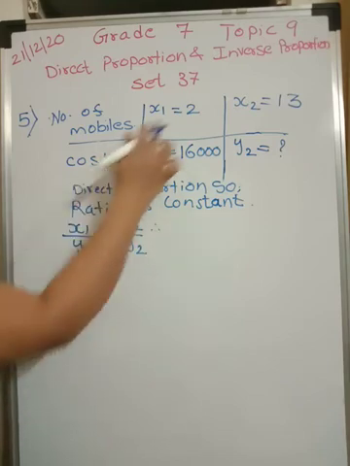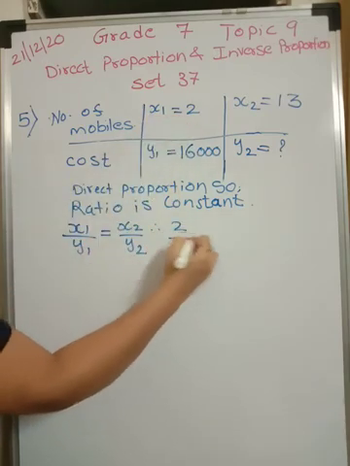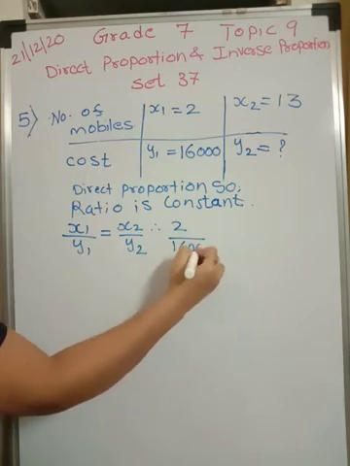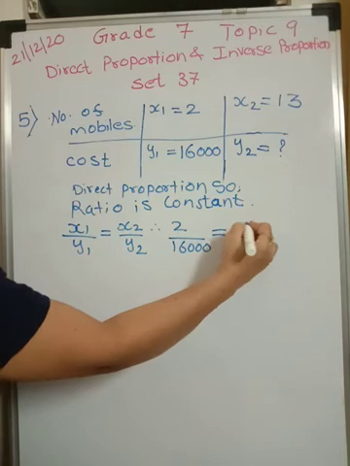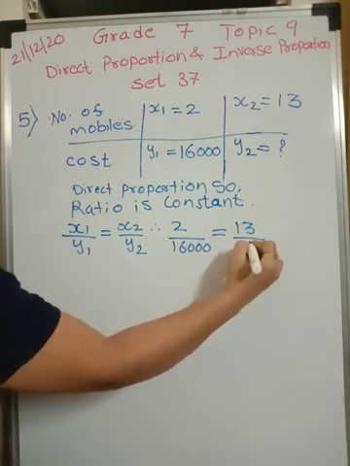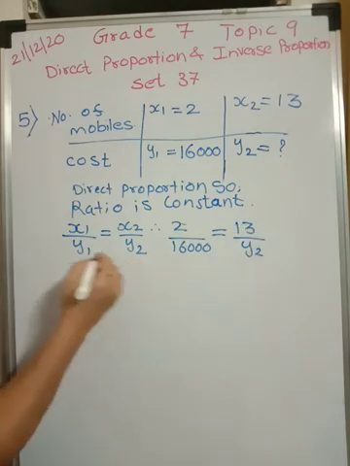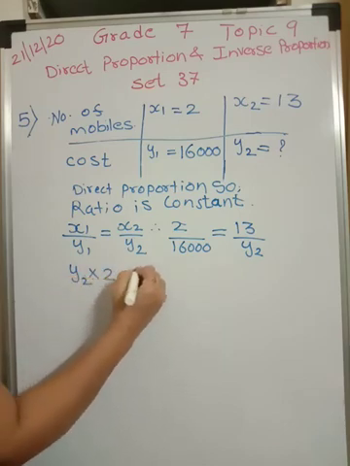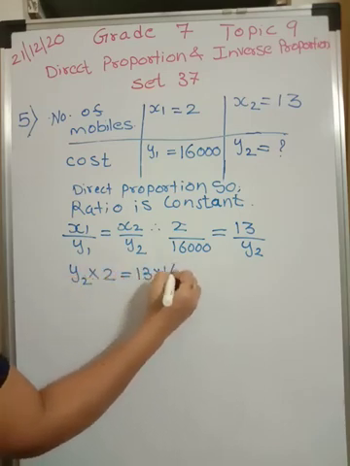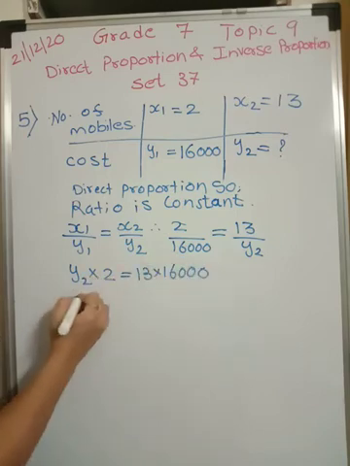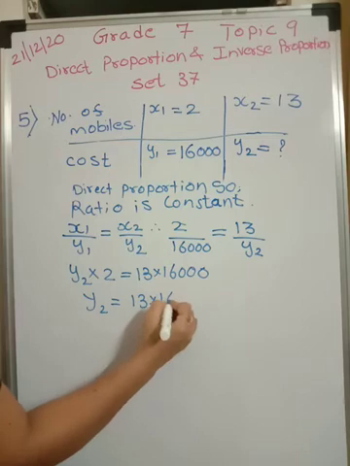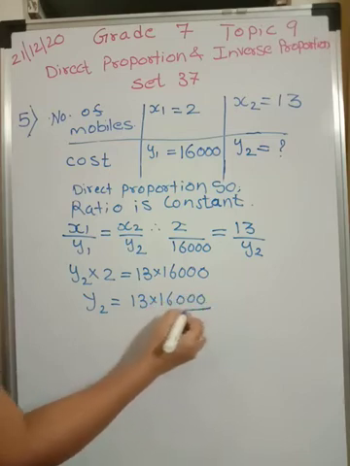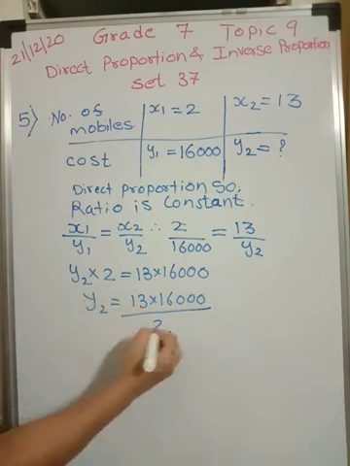Therefore substitute. How much is x1? 2. What is the cost? 16,000 will be equal to x2, which is 13, upon y2. Cross multiply. So y2 into 2 will be equal to 13 into 16,000. So how much is y2? 13 into 16,000 divided by 2.